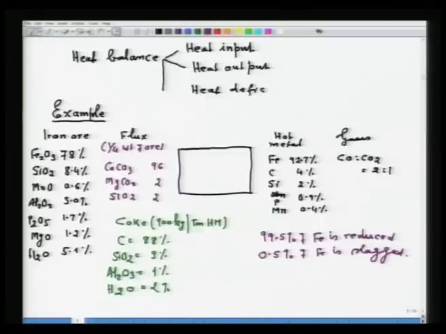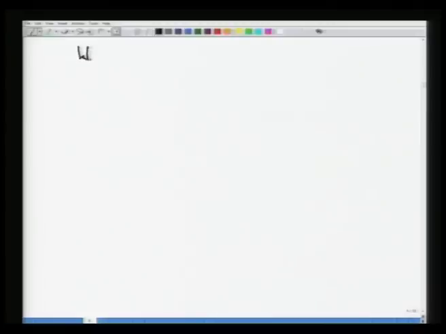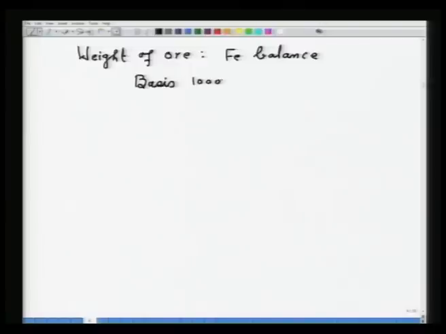First we have to calculate the weight of ore. For that we will be making an iron balance. That is the first thing we have to do. First we select the basis: 1000 kg of hot metal.